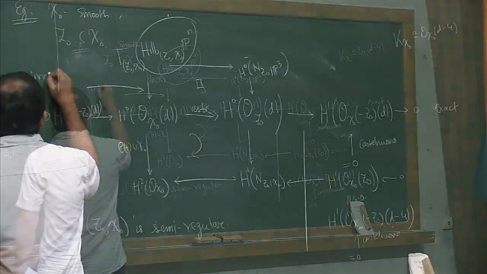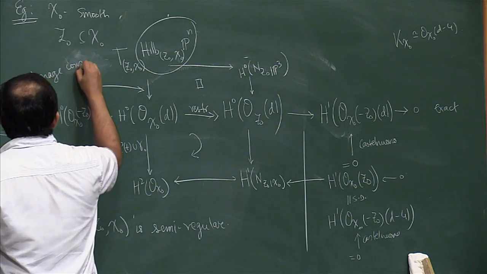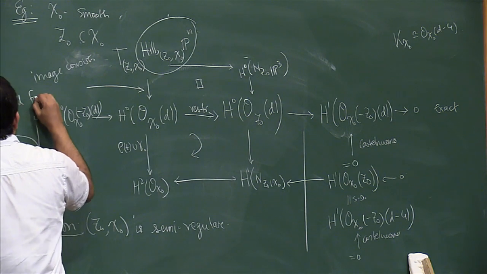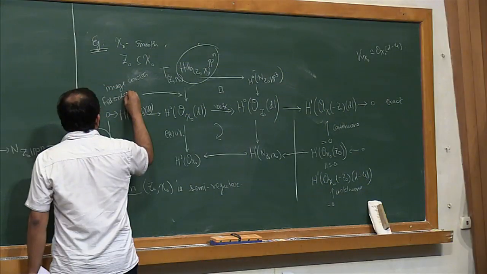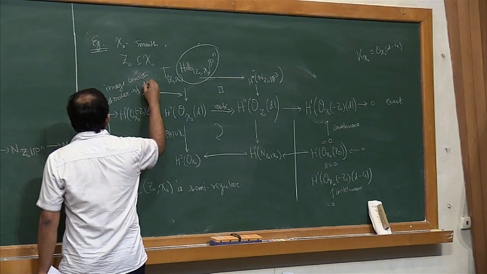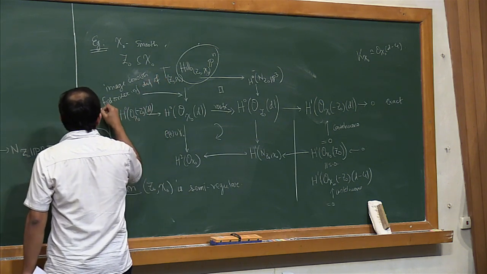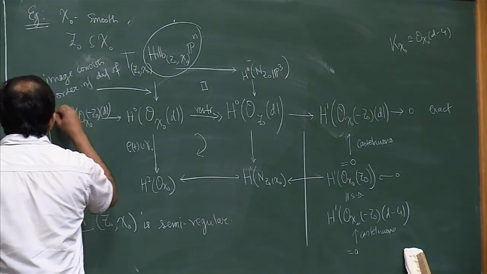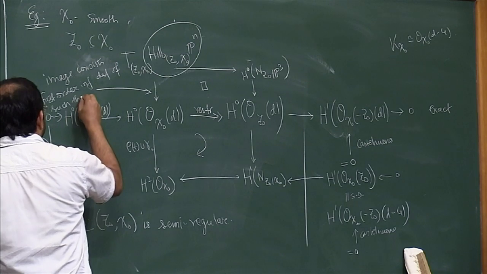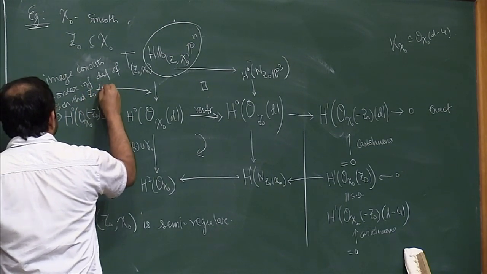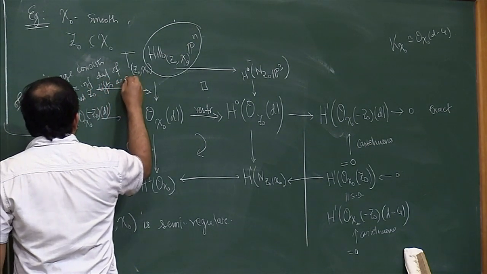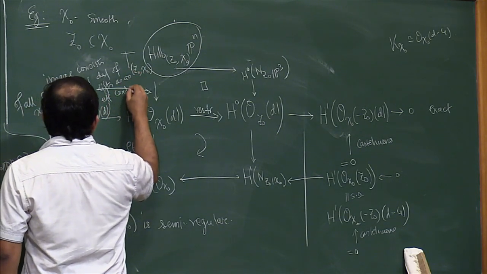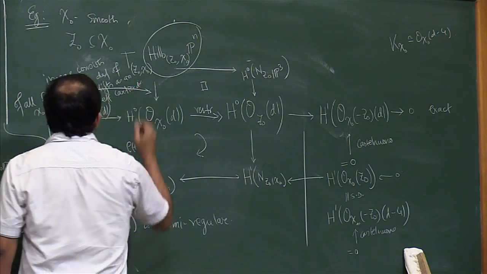The image consists of all first order infinitesimal deformations of x0 such that z0 lifts as an effective Cartier divisor.